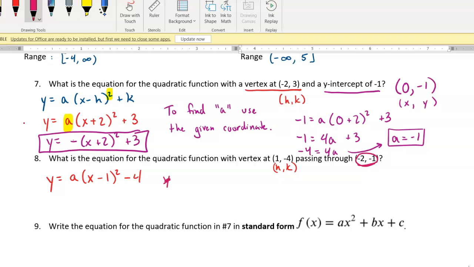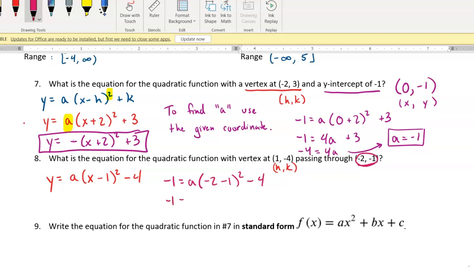So whoops, instead of y, it would be -1 equals, sorry about that, let me erase that. So it'd be -1 equals a times our x value, which is -2 minus 1 quantity squared, and then -4. So we put -2 in here for x, put -1 in there for y, and now let's simplify that.